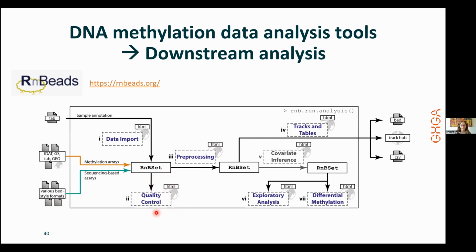Then we can get much more extensive quality control measures. We can pre-process the data further. We can infer covariates. We can also do exploratory analysis, which is always very helpful. And we can also do differential methylation analysis. And we can generate more tracks and tables for further data handling or for visualization also in a genome browser.